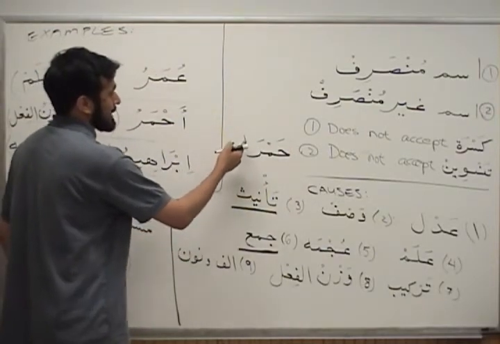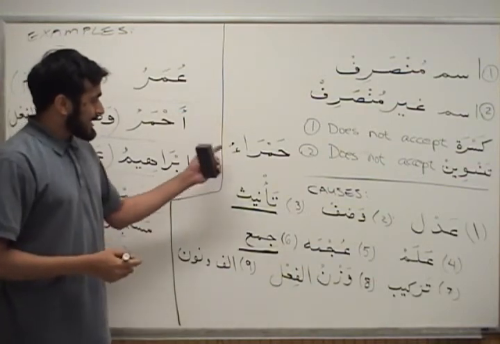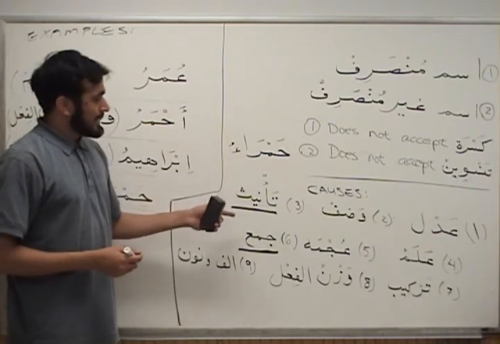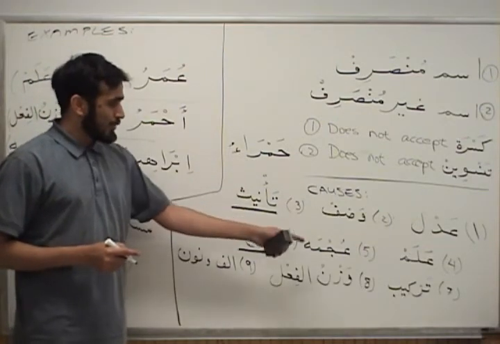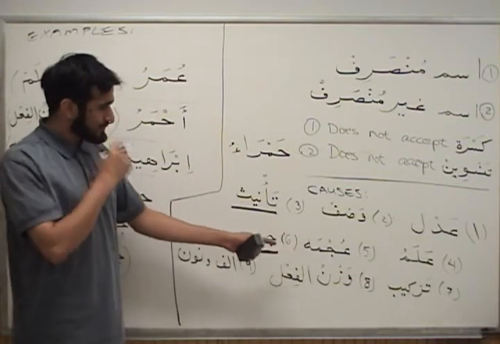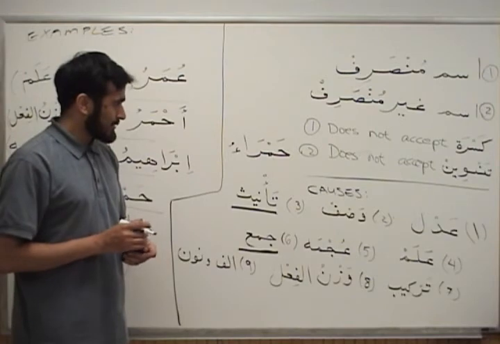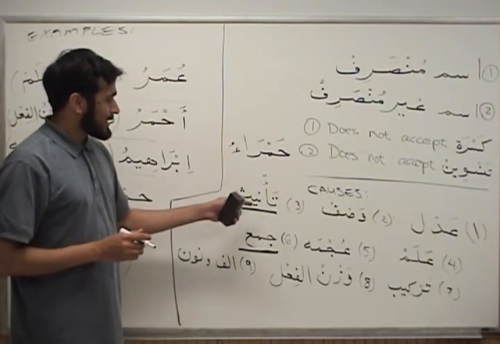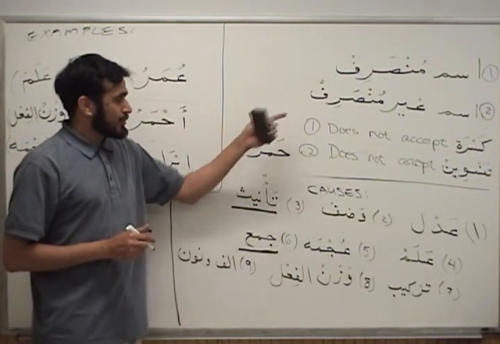Alif mamduda is where you have an alif and then it's followed by a hamza. If you have this kind of ta'neef, this kind of mu'annath or feminine noun, then this is sufficient. You don't need another one of these attributes. This is enough to cause the ism to be ghayr munsarif.